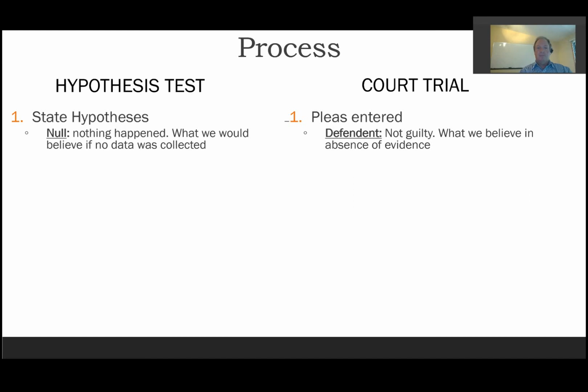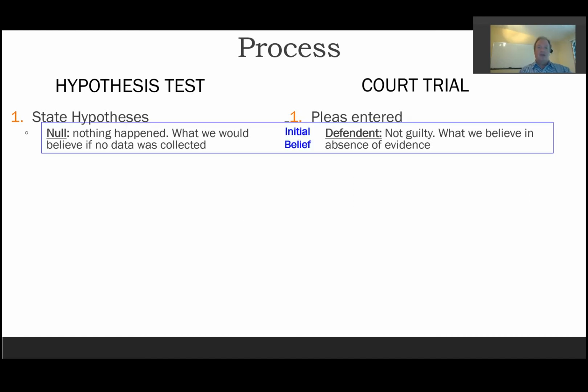The key thing to understand about the null hypothesis is that it is our initial belief in the value of the parameter. And that initial belief can come from historical data we have in the past. It could come from a common sense notion, like what is the probability I'm going to get heads if I flip a coin?